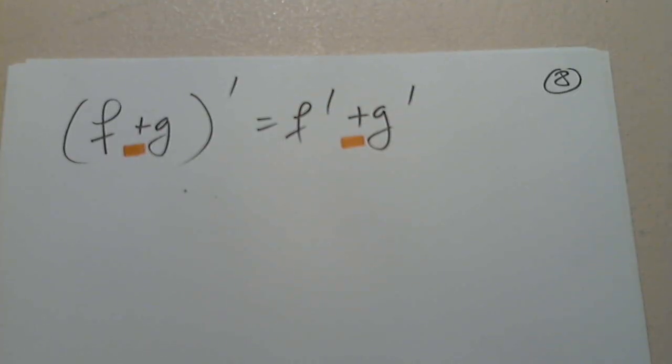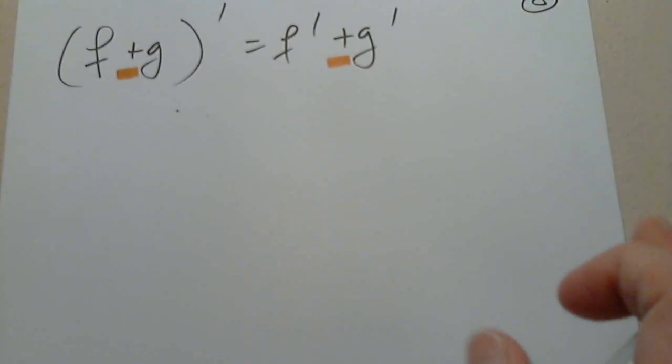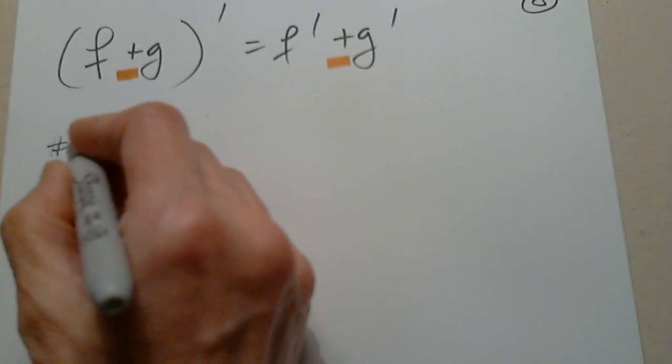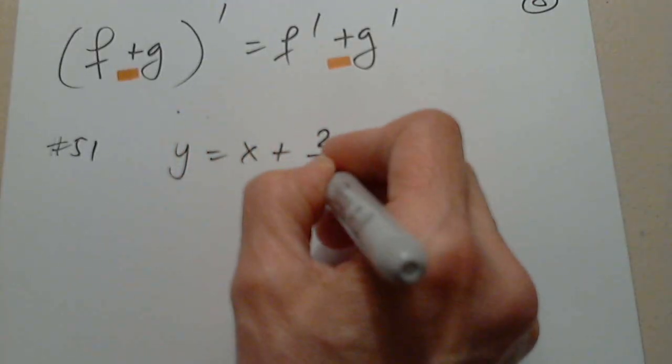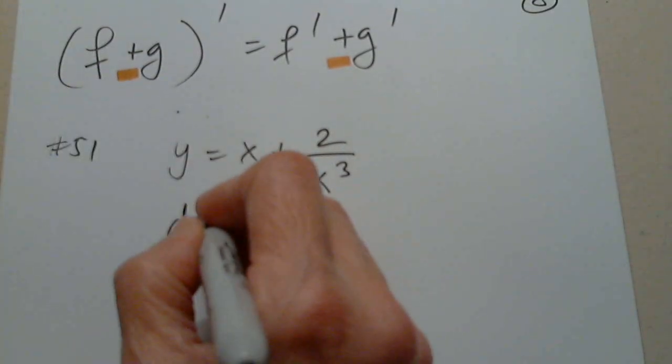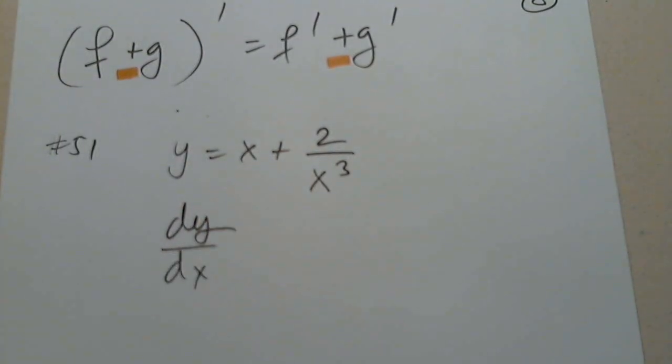Okay, I'd like to look at 51, because 51 is a little bit more complex, meaning in 51, we have y equals x plus 2 over x cubed. And in addition to that, we're asked to find dy over dx when x is 1.